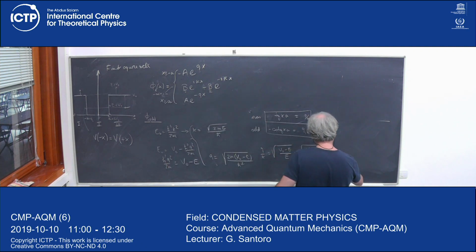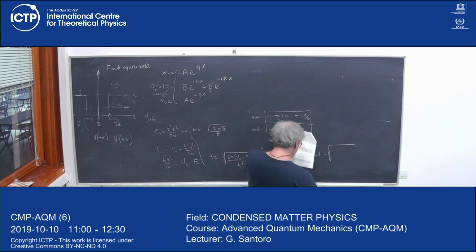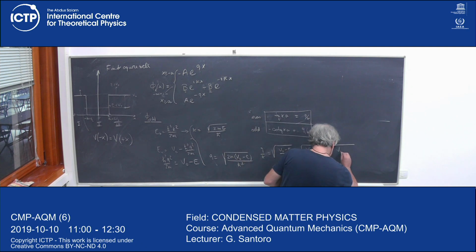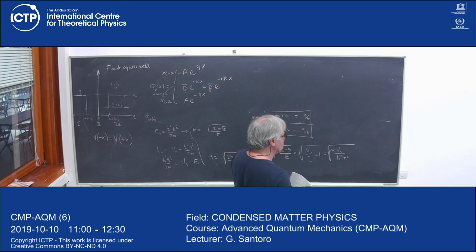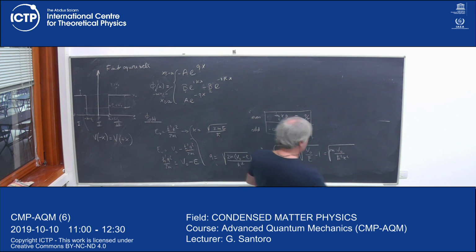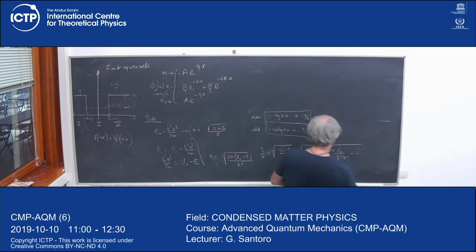Let's write this as square root of V0 divided by h bar square k square over 2m. I put the 2m here. Minus 1, of course. Fantastic.